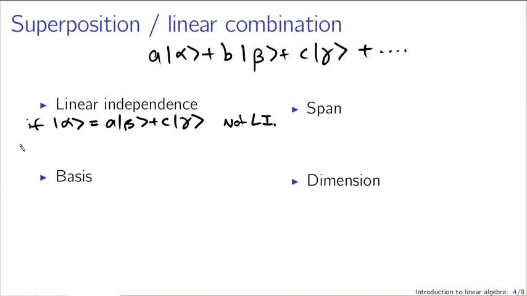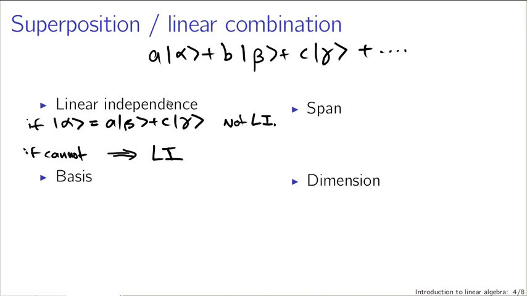If, however, I cannot write alpha as a sum of beta and gamma multiplied by appropriate scalars, if there is no choice of A and C such that I can make a sum of beta and gamma that equals alpha, then we have a linearly independent set.